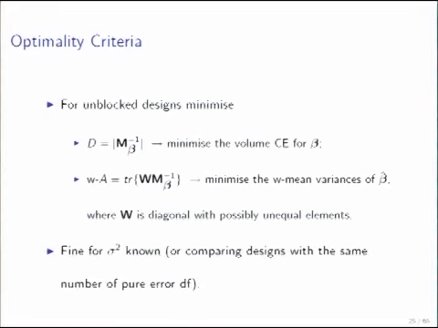So these criteria are okay if sigma is known. They, in fact, have these properties. And also we can use these criteria if we are comparing designs with the same degrees of freedom for pure error.